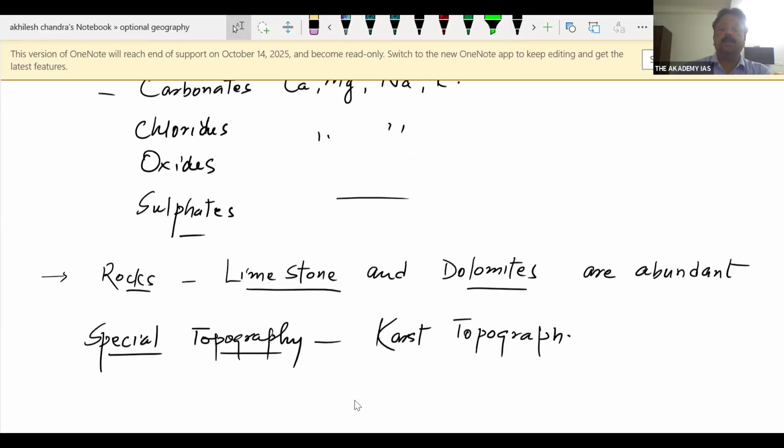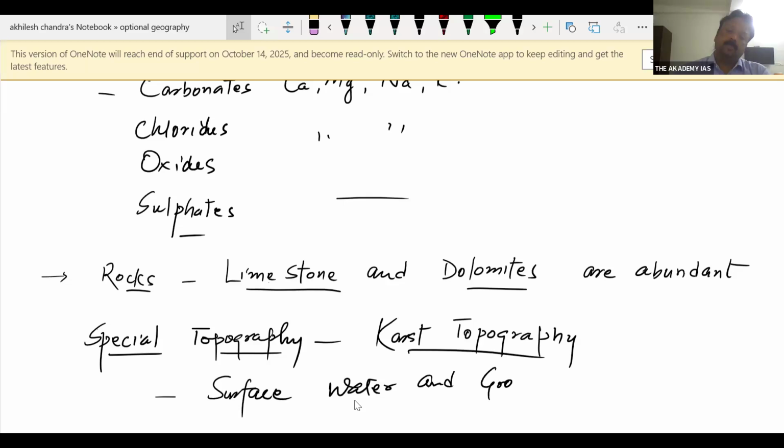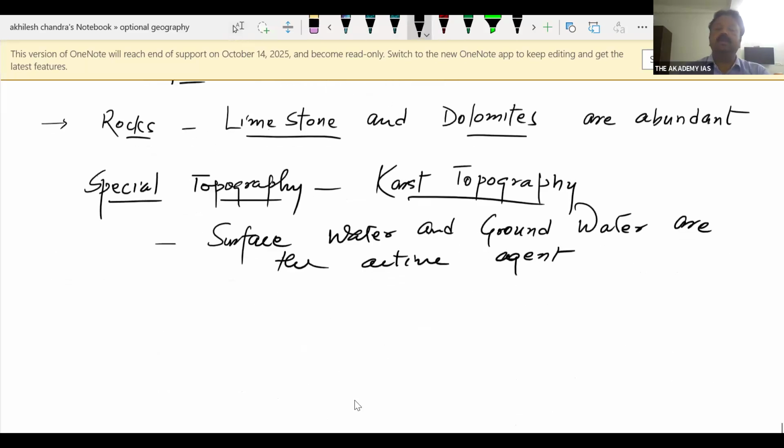Where the surface water as well as groundwater become the active agent, and they are doing nothing but solution, and a peculiar type of topography develops. We will discuss it in karst topography. Fine.